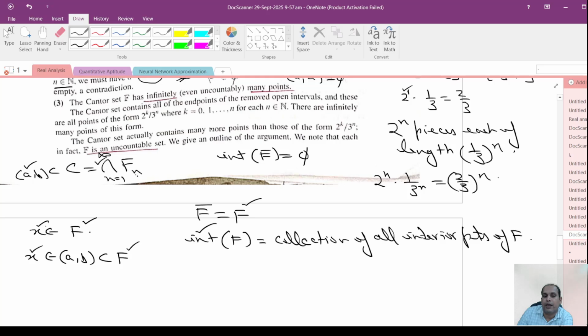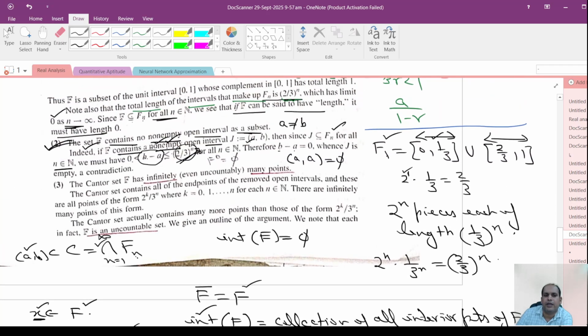We are interested in finding the members of the Cantor set which are interior points, and for this I need at least one open interval AB which contains x and is contained in F. But we have proved that the Cantor set never contains a non-empty open interval.